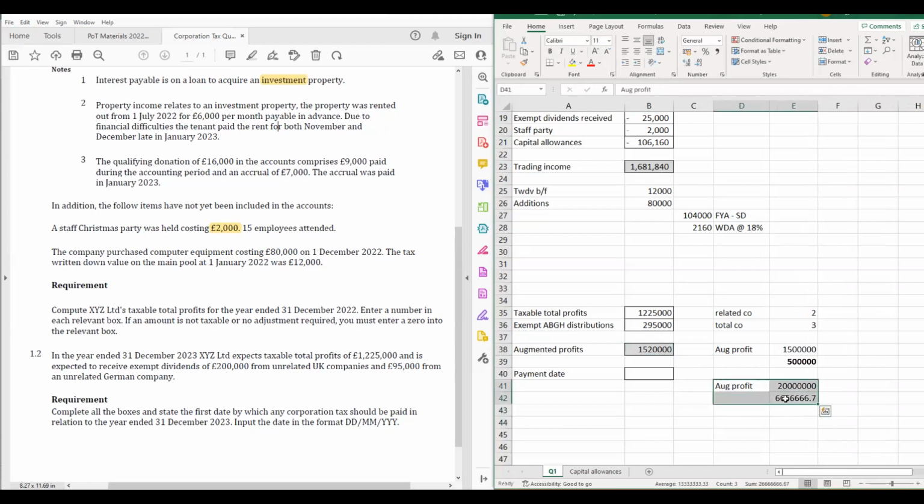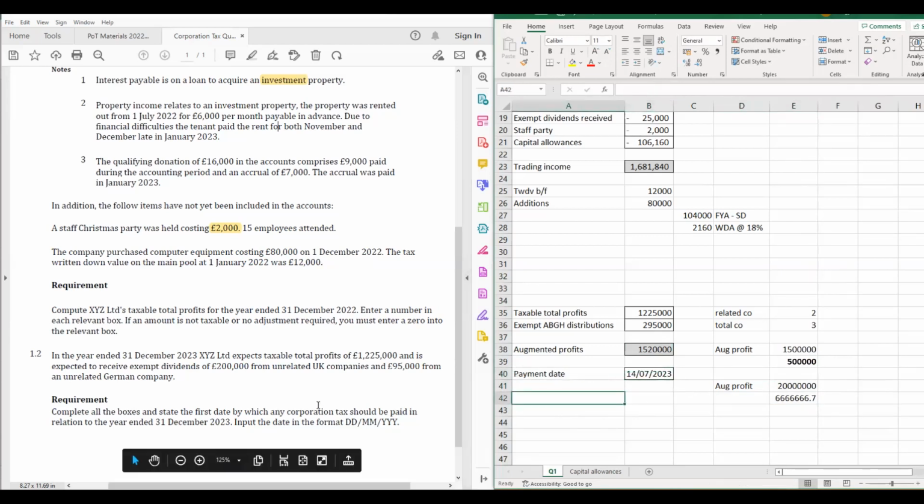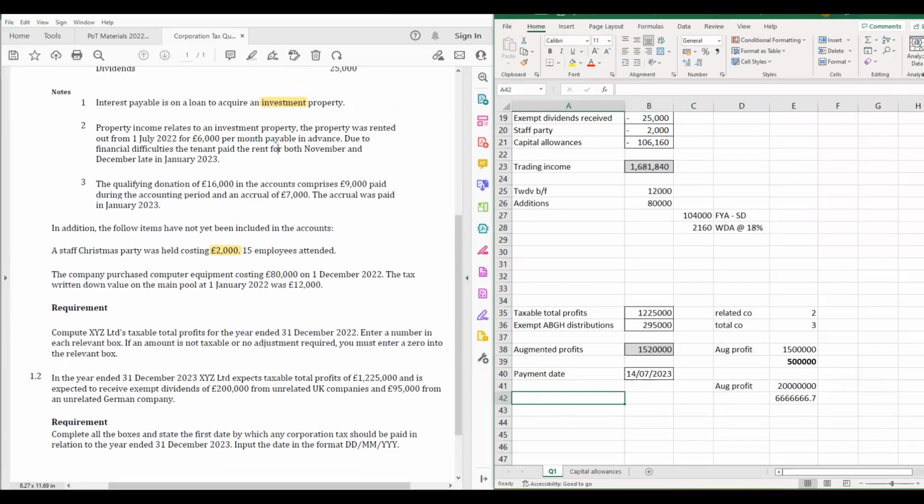So we can conclude that this is a large company and therefore we're going to pay corporation tax on the 14th of July 2023. And that's a really important thing to utilize your tax tables for on exam day. Where you deem it to be large, you could then flick to your tax tables to make sure you've got that correct so that you pick up your marks.